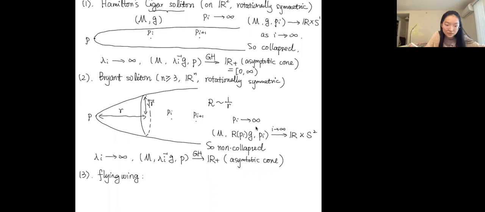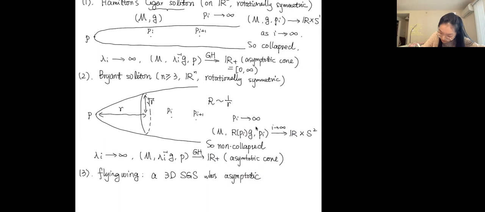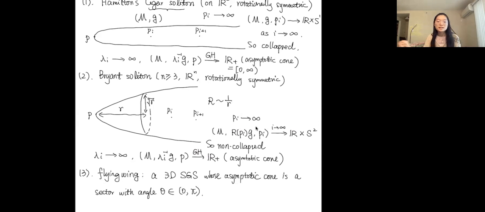The flying wing is defined as a 3D static gradient soliton, where SGS means static gradient soliton, whose asymptotic cone is a sector with angle theta strictly between 0 and pi.